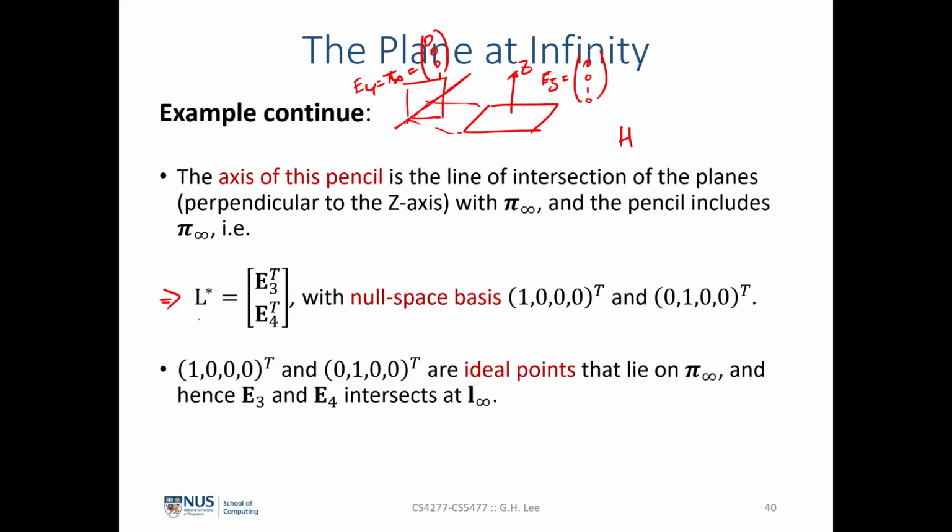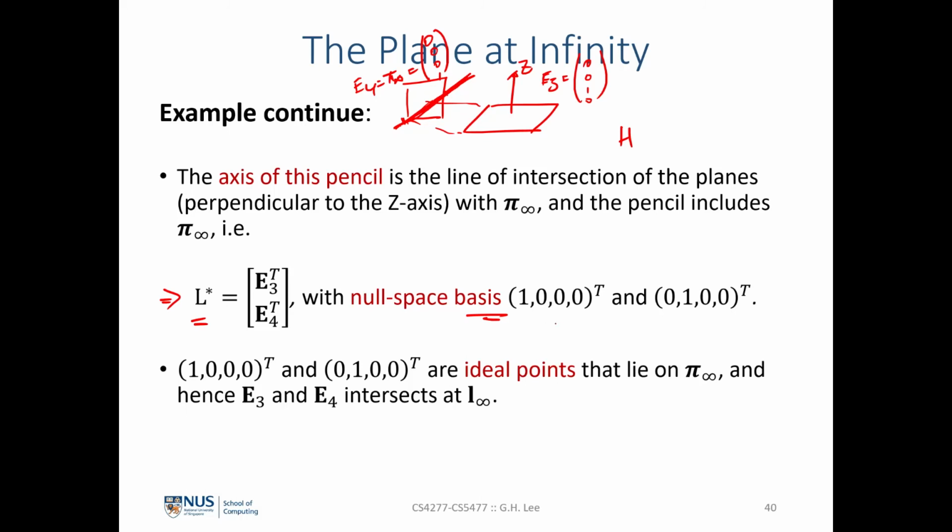It's given by the span of E3 and E4, which is what we have seen in the previous lecture, and of the definition of a line in the 3D space. And what's interesting here is that the null space of this line is the null space basis of (1, 0, 0, 0) and (0, 1, 0, 0), which denotes the point at infinity, the ideal point on both the line at infinity as well as the plane at infinity.